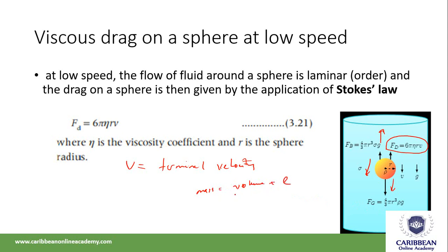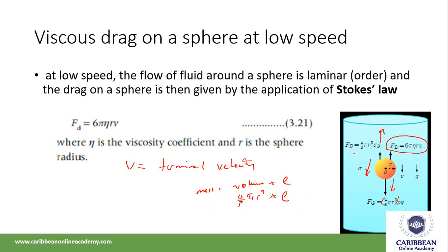Because it's a sphere, the volume of a sphere is 4 divided by 3 pi r cubed. And if we know the density of that object, we can ultimately find the mass. That's the reason why we have this right here, because we just replace mass with volume times density.